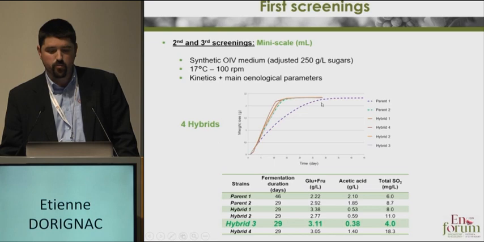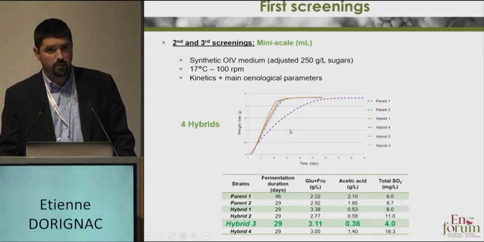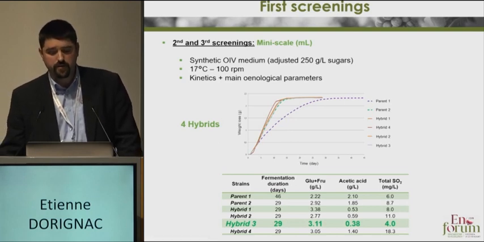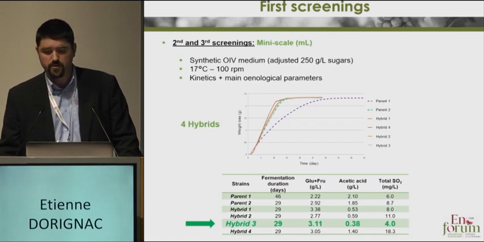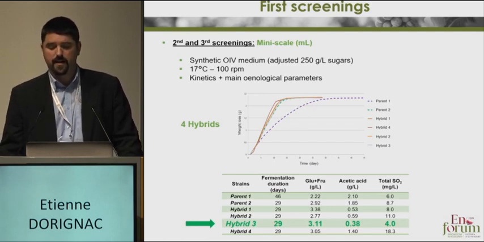You see that parent one was really the one struggling with the fermentation, and all the other selected hybrids were among the fastest, along with parent 2. But one of the hybrids was quite interesting for us. Why? Because it was fast, but also produced less acetic acid than the others and very low SO2.